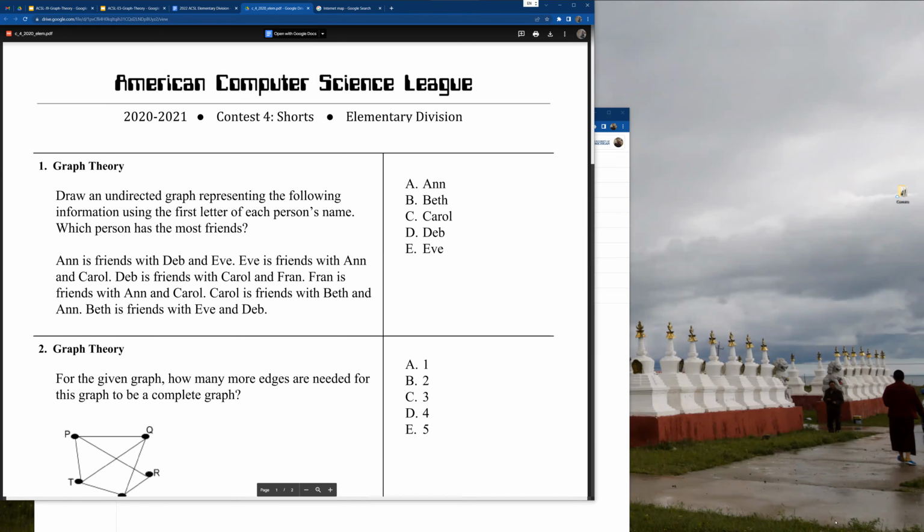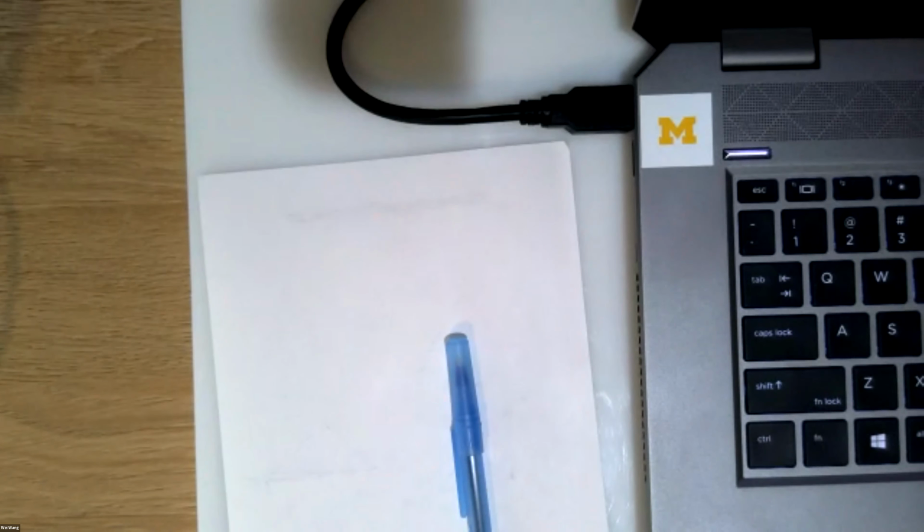I'll have to stop sharing. So A, B, C, D, E, right? So if I stop sharing and I use my video, go to view, and pin this thing, right? Yeah, and also use, no, that doesn't work. Speaker view.